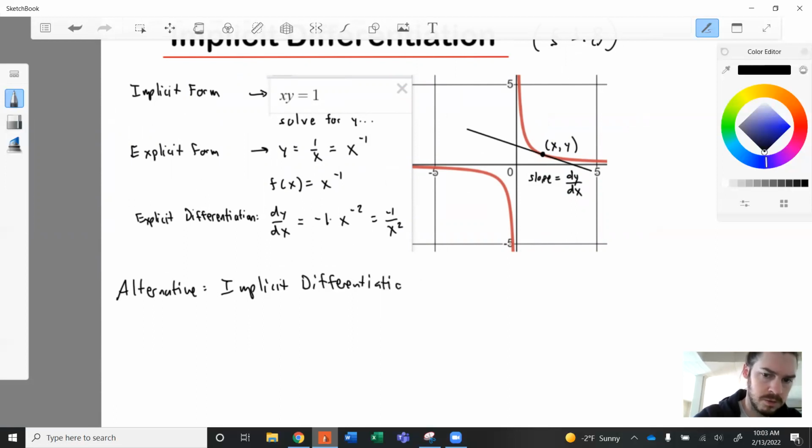Here's how it works. Start with your equation. x times y equals 1. The first thing we want to do is take the derivative of both sides of this equation. If the two expressions are equal, their derivatives will also be equal. Just like how you can add something to both sides of an equation, or multiply by something on both sides of an equation. Same idea.